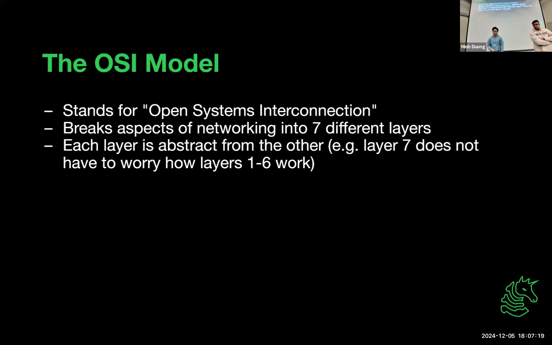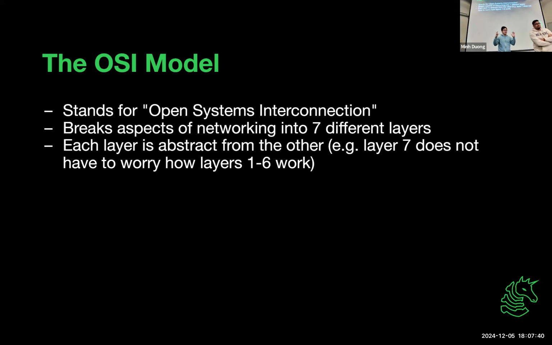The main way you want to view networking in general is through the OSI model, or there's also a more basic reduced version of this. But the idea is that you can break most computer network traffic into 7 different layers.